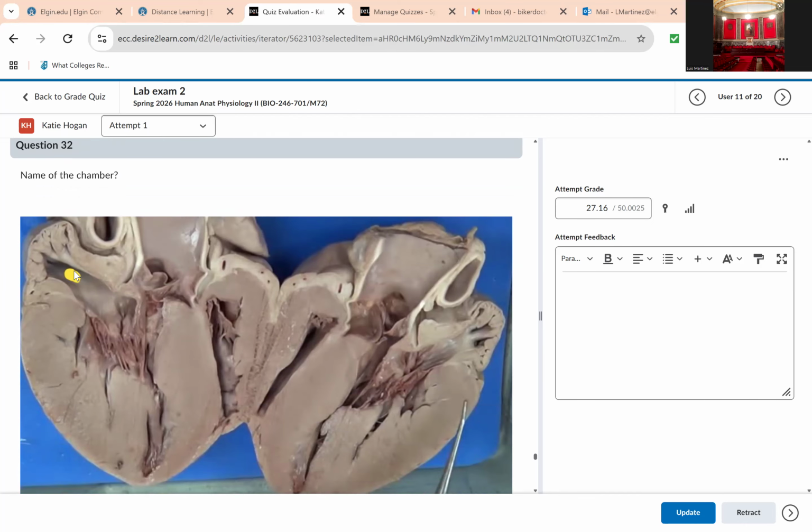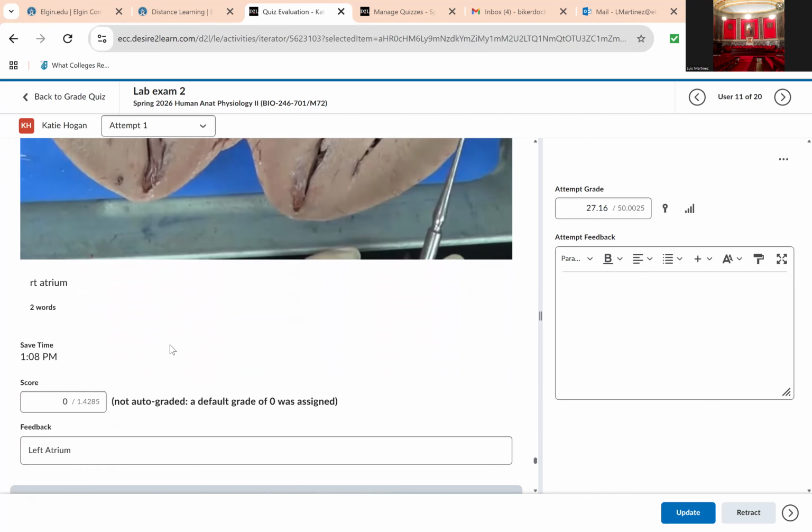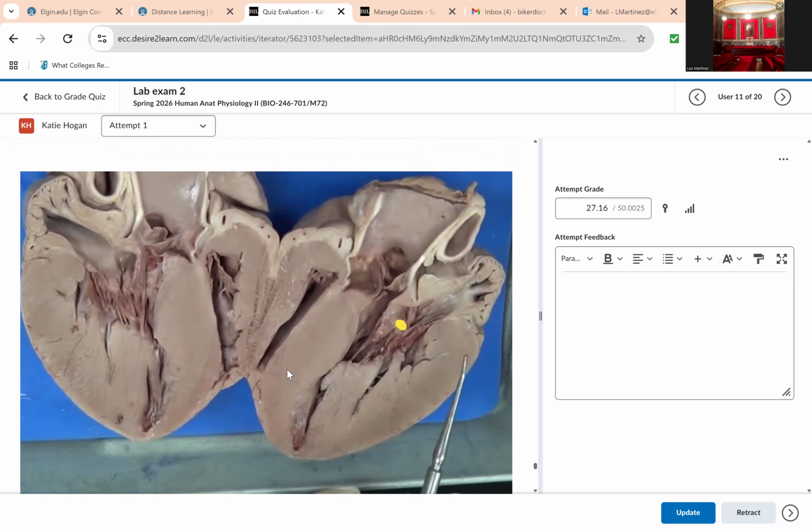Name of the chamber, this chamber of the heart here, this being the left ventricle, so that is the left atrium. Your answer was right atrium, incorrect. The name of the valve, so this here is the left ventricle. If you look at the heart here, it's opened in half. If you close it, you can see these two are identical, and these two are identical.